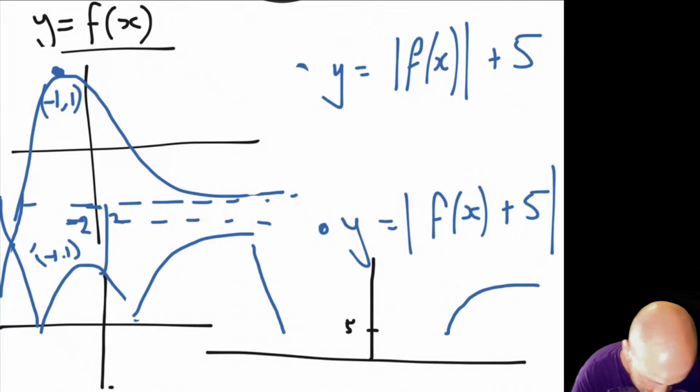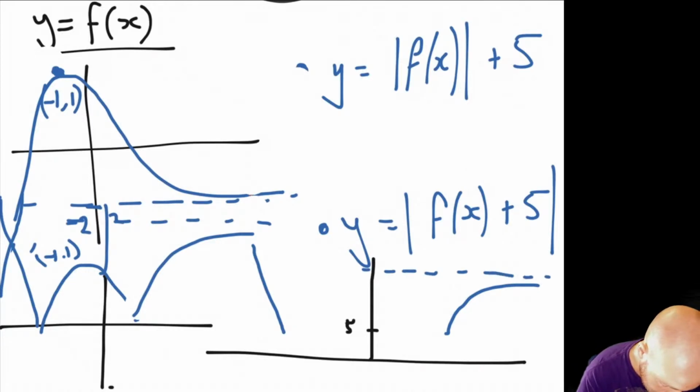The bit that was at 2 is now going to be at 7, so the asymptote is now at 7. And the bump was at 1, it's now going to be at 6.